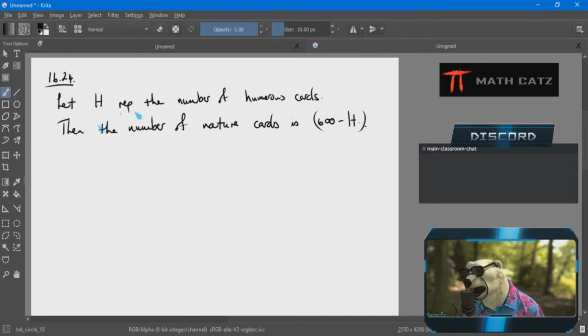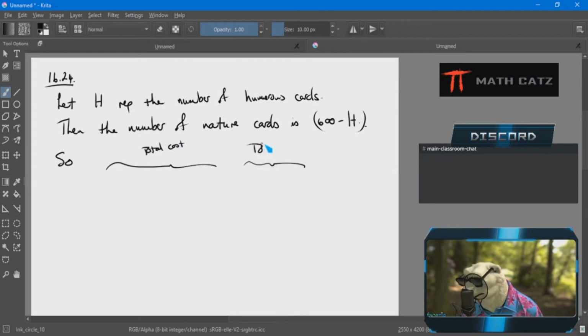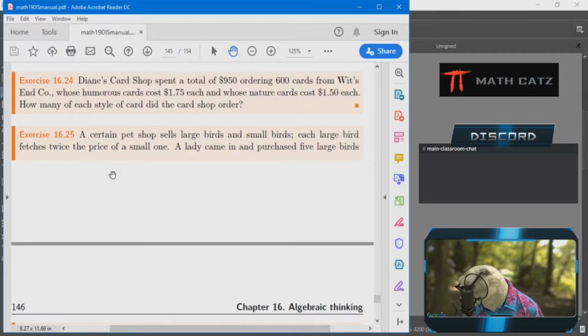So the total dollar amount will be how I construct my equation, where I look at the total cost on both sides. I look at it in two different ways. I know it's $950, but how else can I get to the total cost? By looking at the type of cards separately.